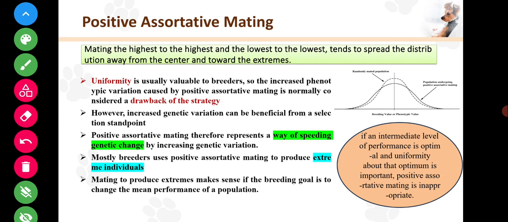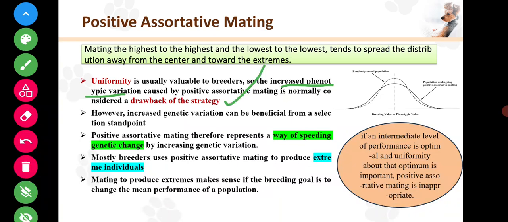So uniformity is usually valuable to the breeder. But in positive associative mating there will be increased phenotypic variation, so generally it will not be liked by the breeder. This is the drawback of this strategy.